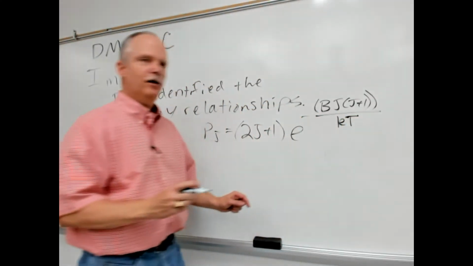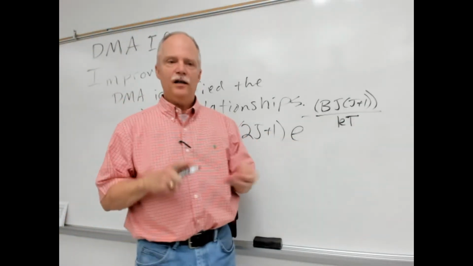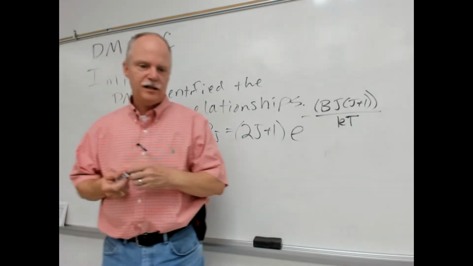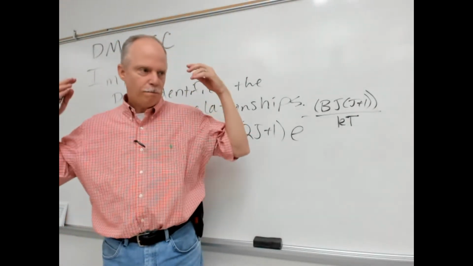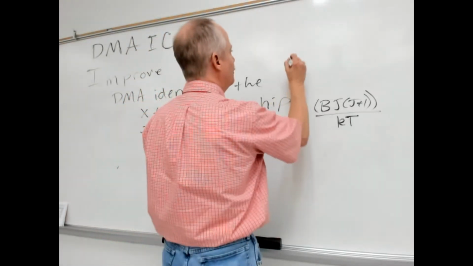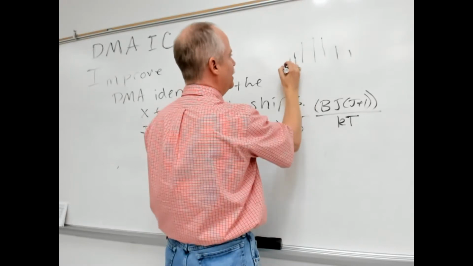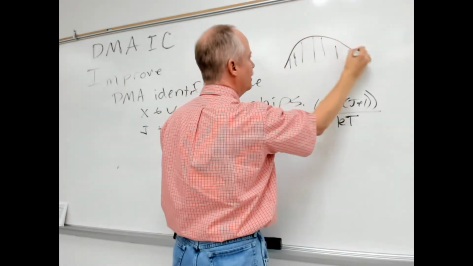So a nonlinear relationship. We have the J values here and the temperature there. So it's nonlinear. This is the shape of that curve. You've got the J values. And if we plot this function, it looks like that.